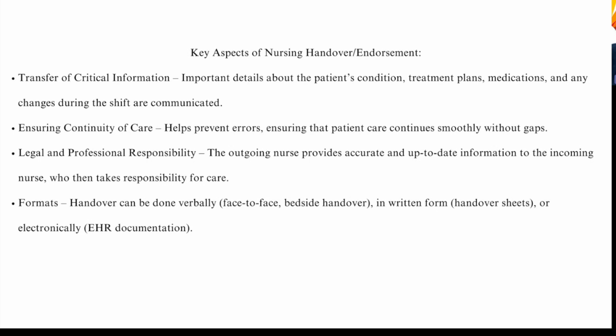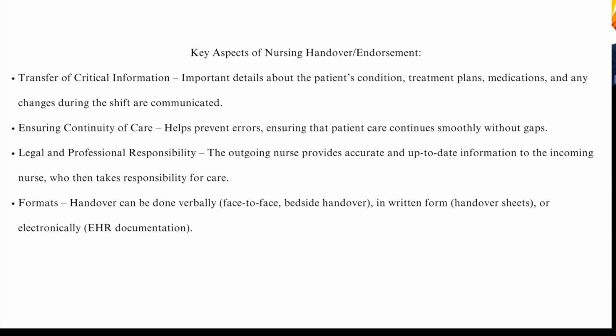So we are helping prevent errors, ensuring that the patient care continues smoothly without gaps. Also, from the definition, we know about the legal and professional responsibilities and accountability. The outgoing nurse provides accurate and up-to-date information.